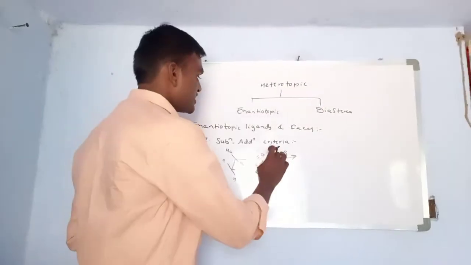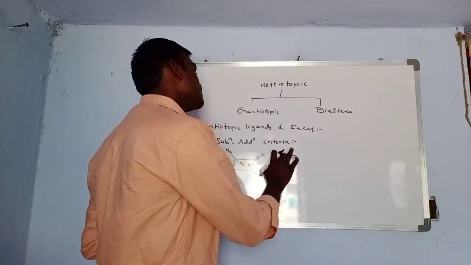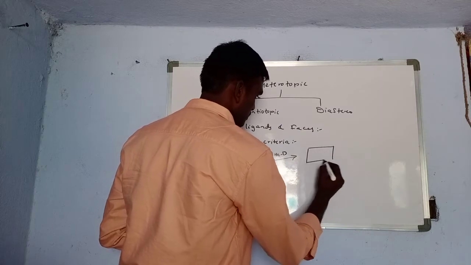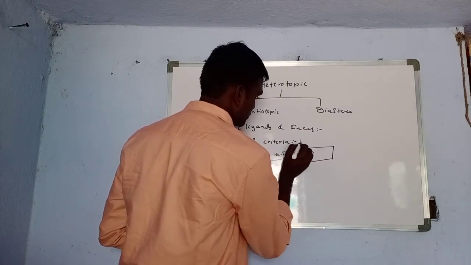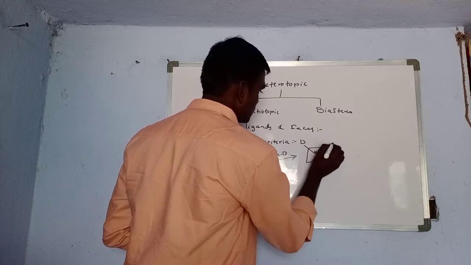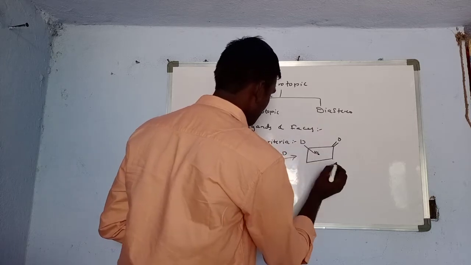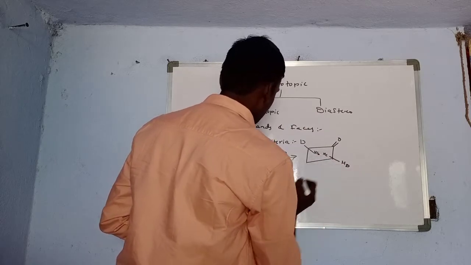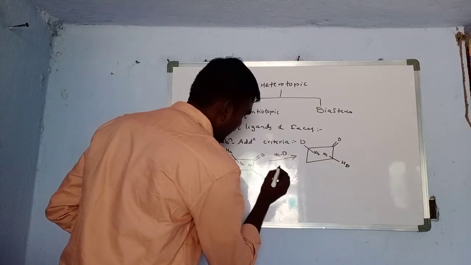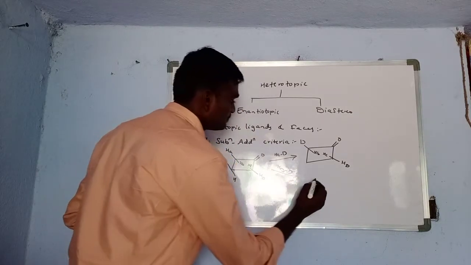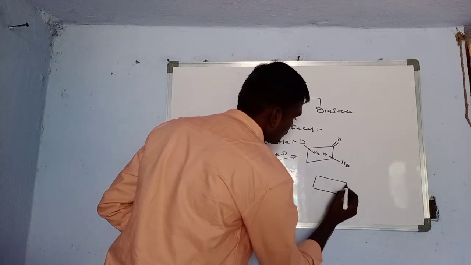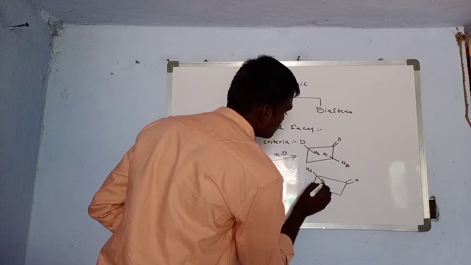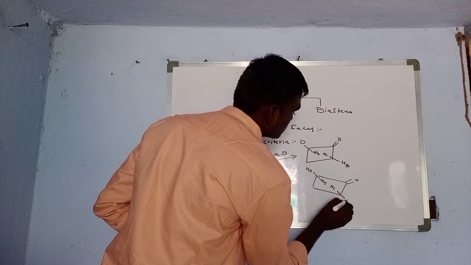If we are replacing HA with deuterium or bromine, if you are taking deuterium, it will be here. Okay, here HA is replaced by deuterium, here HB, and this will be a carbonyl group, and here HC and HD. Similarly, if HD is replaced by deuterium, this is HA and HB, and HC is here deuterium.